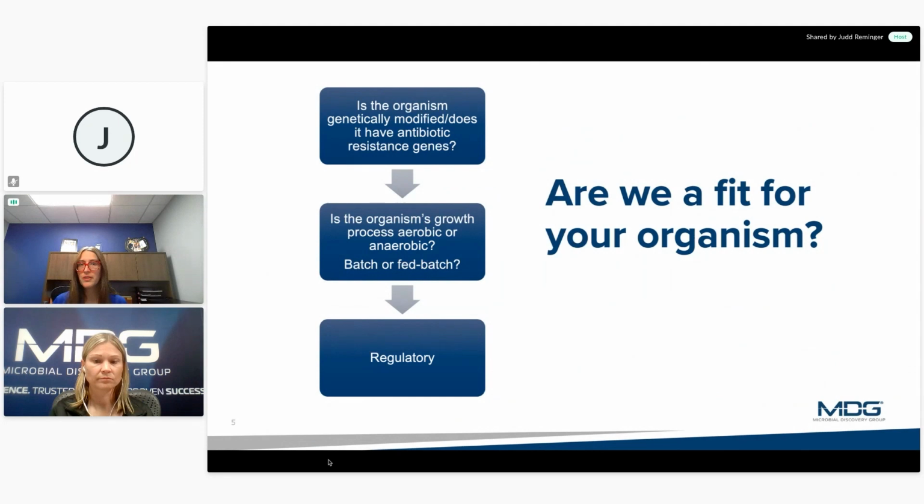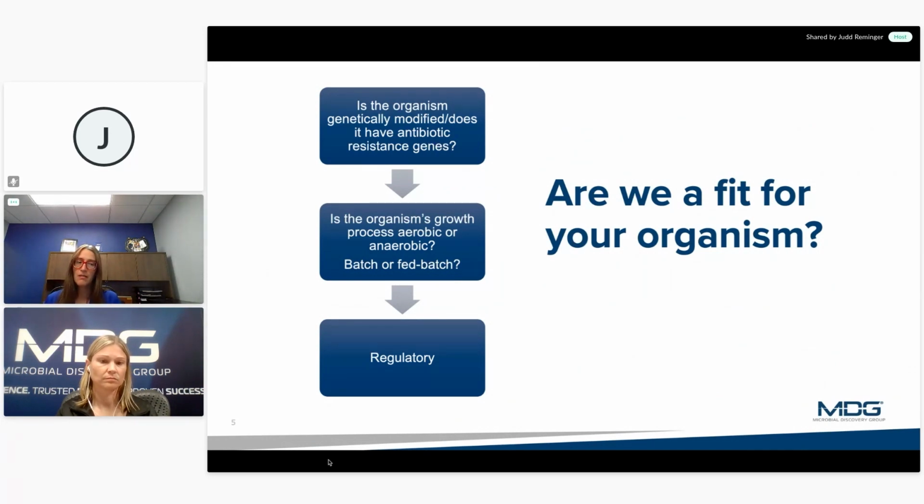And then on the regulatory side, MDG manufactures a number of food and feed streams, food for people, food for animals. So what kind of regulatory do you need? Are you looking for a direct fed microbial, that animal feed strain?